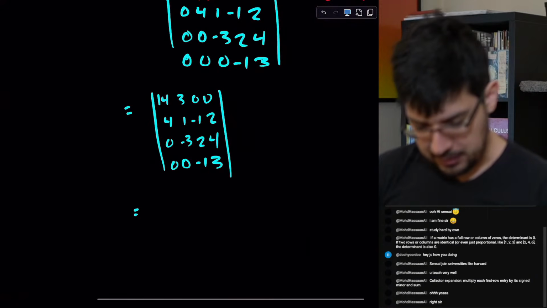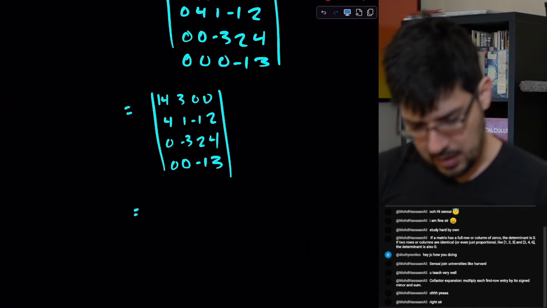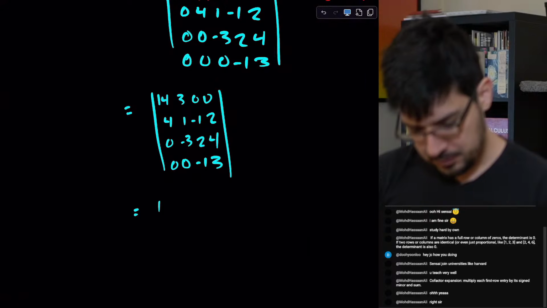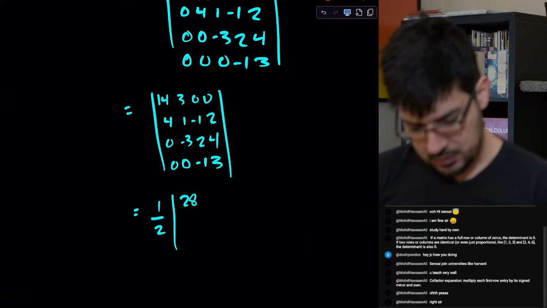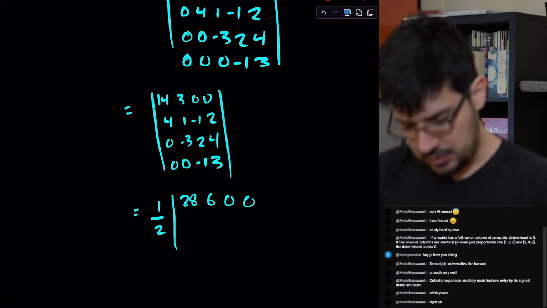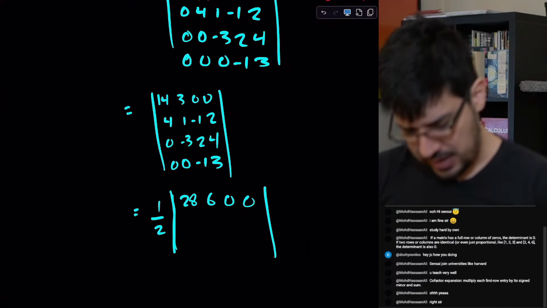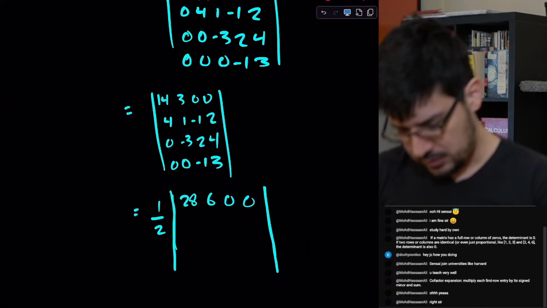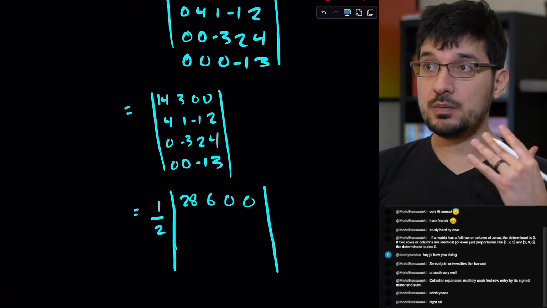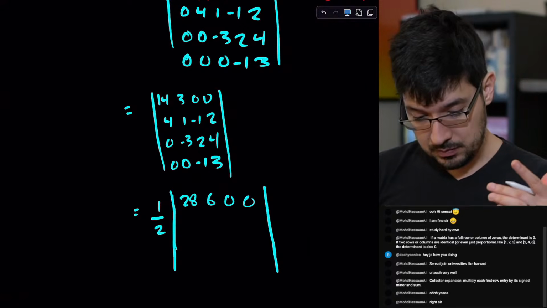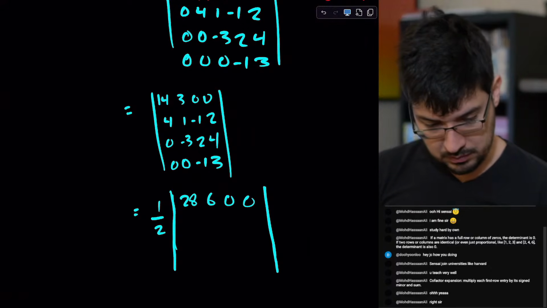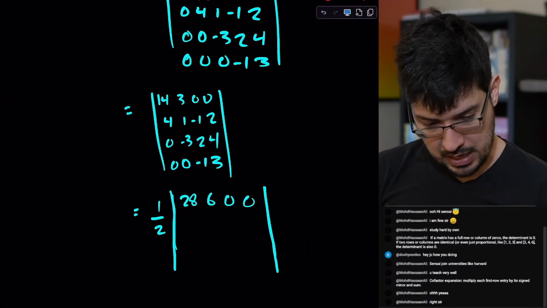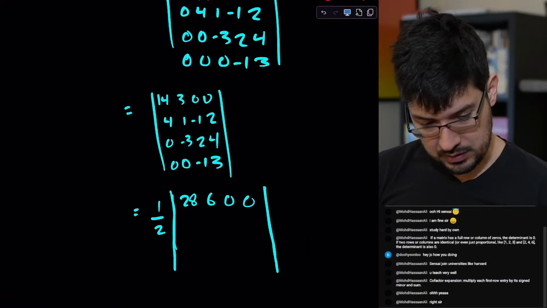introduce another property of the determinant. If I multiply a row, essentially, you can factor out a scalar multiple of a row or a column. Aha. So this is nicer.